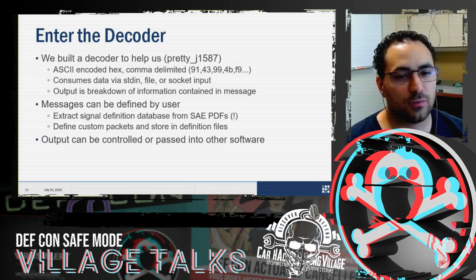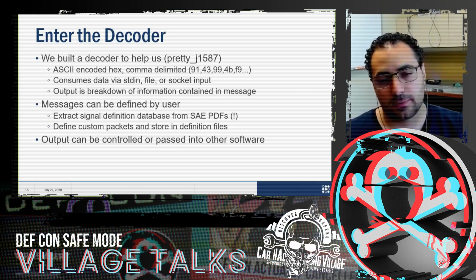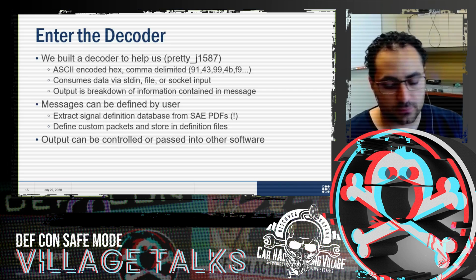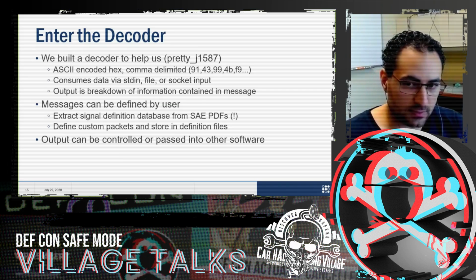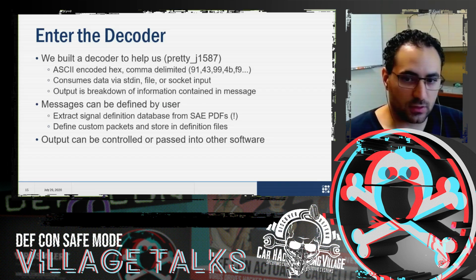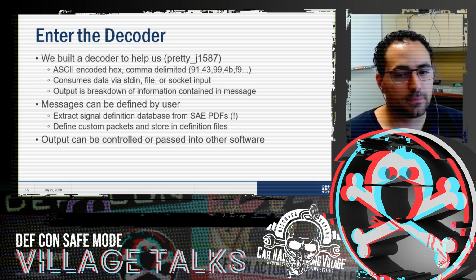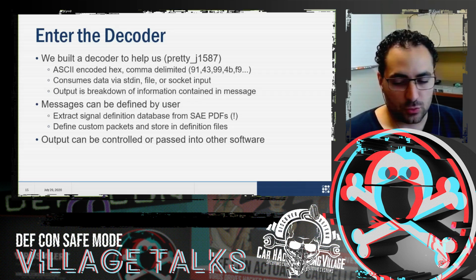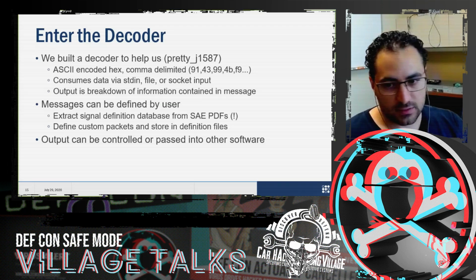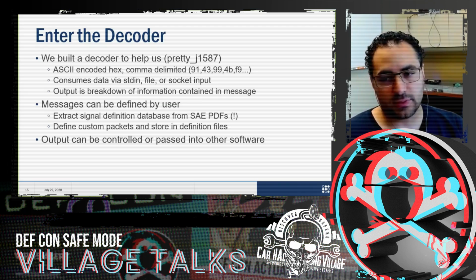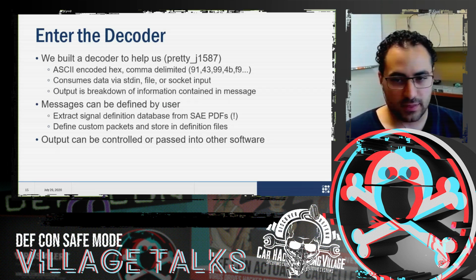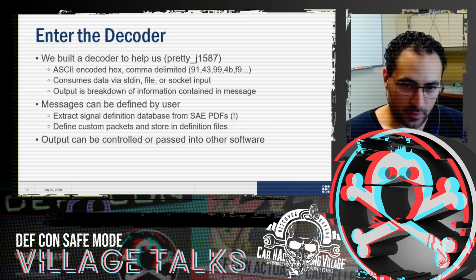So to start off, what happens is the parser will read the SAE documentation PDFs, and it will do this to set up a primary database, which is used for interpreting the data that's coming in. And this is needed because there's no simple database holding the data that we need in a convenient format.